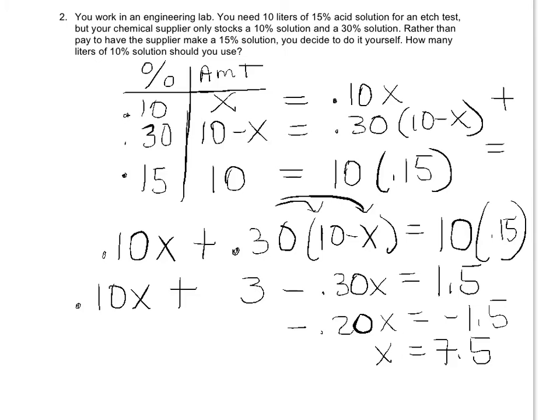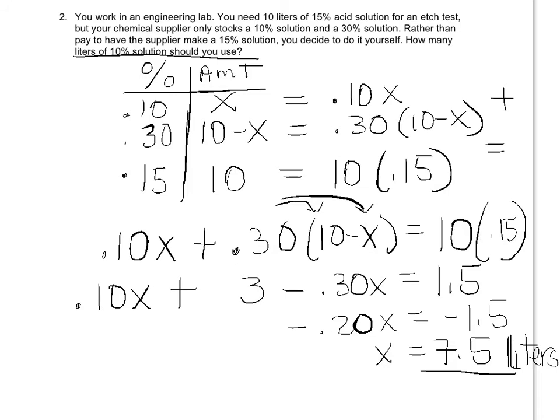But then I have to ask myself, what was I asked? I was asked to decide how many liters of a 10% solution. I have 7.5, so those must be liters, okay, which I'm not going to be able to probably fit on here. I could just abbreviate it L, but it might look like a number unless you make it kind of an italic L. But 7.5 liters.